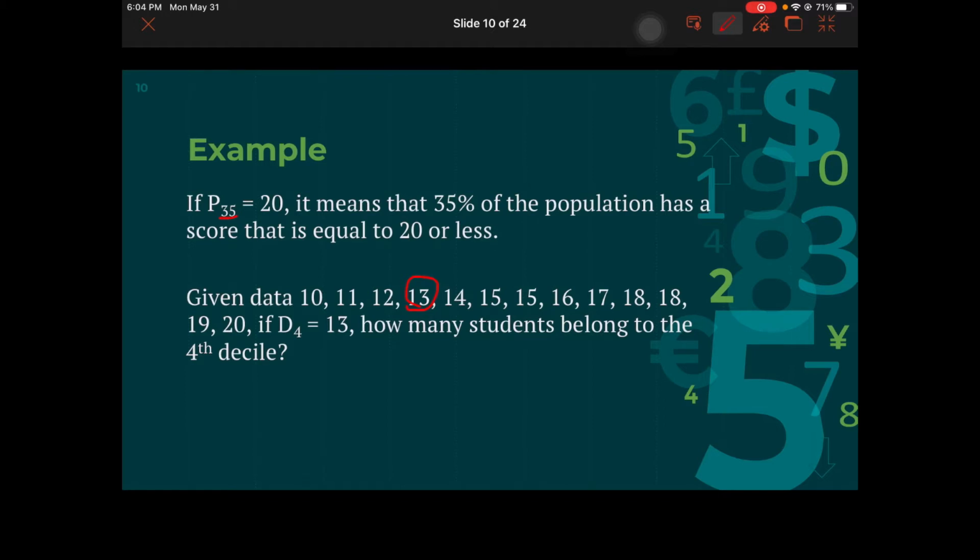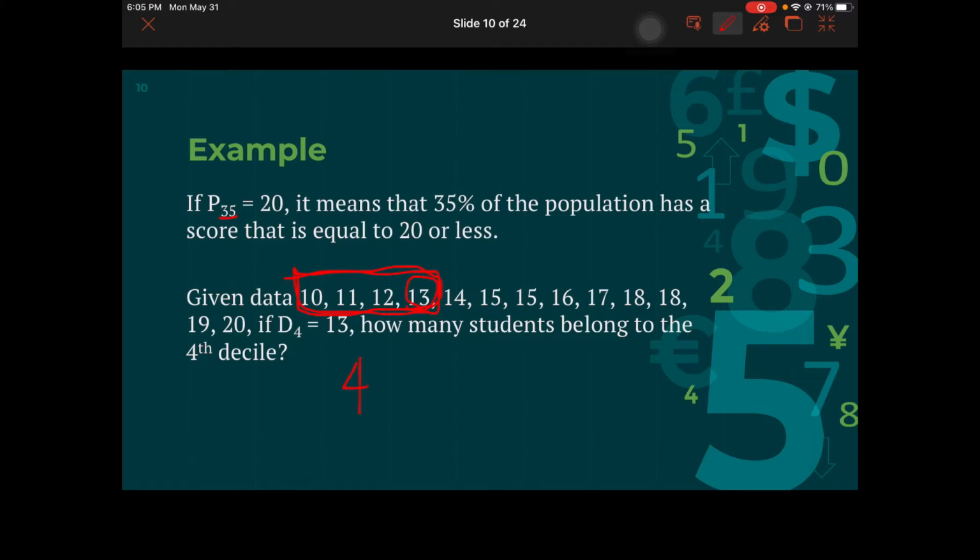Sometimes, you can encounter problems like this na ilang data set meron under that specific measure of position. Again, ibig sabihin yan is less than or equal to that specific number. So, since it should be less than or equal to 13, it's this entire data set here. Okay? So, yan yung ating 4th decile. To answer the question, there are 4 students belonging to the 4th decile.